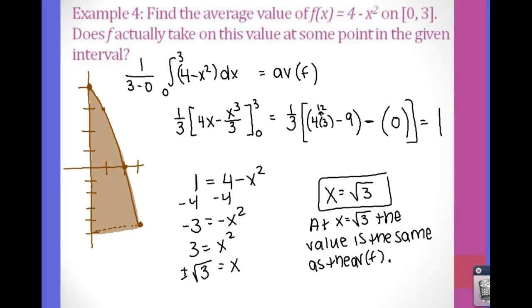I'm just saying, as long as you're not ambiguous. So like here, I said AVF equals that, which is 1. So like at x equals root 3, the value is the same as the average value. I mean, you could say which is 1.